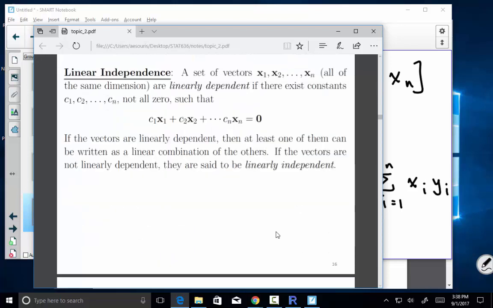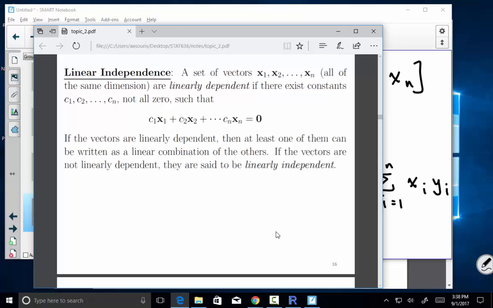This is important. Linear independence. Suppose we have a set of vectors, x1, x2, dot, dot, dot, xn. Every one of those is the same size, the same dimension, with p variables in it, say. We're going to have that a lot throughout the semester because whenever we have a data set, we're going to represent it as n observations of a multivariate random vector from some population.